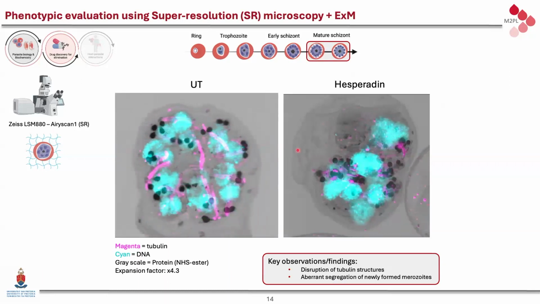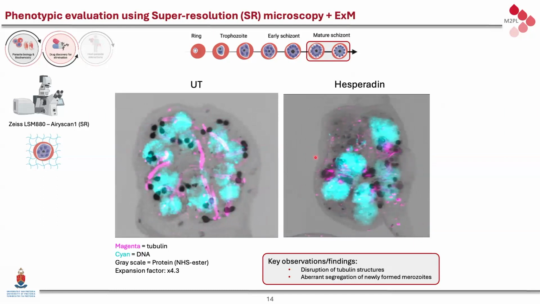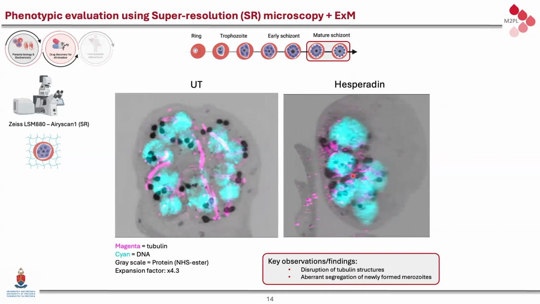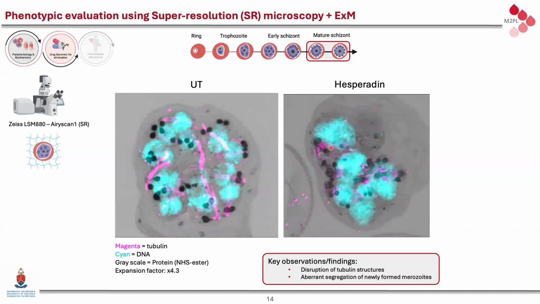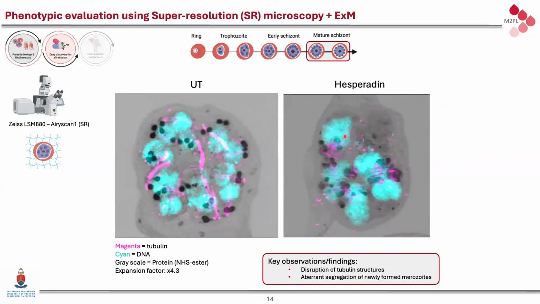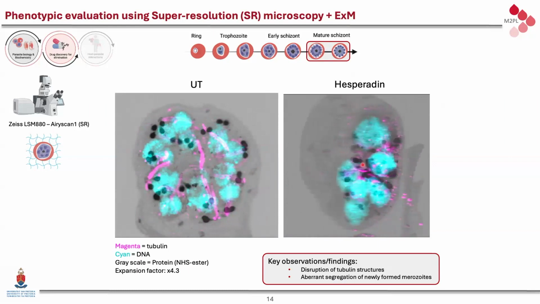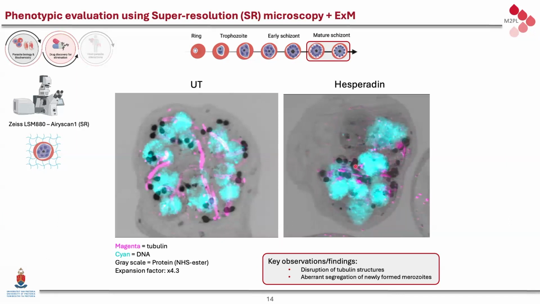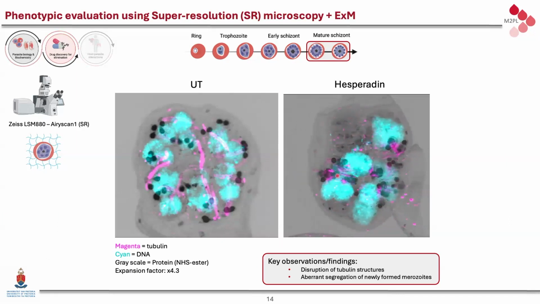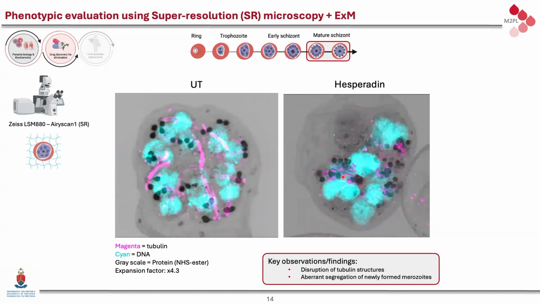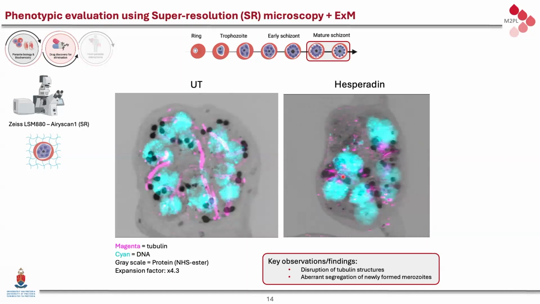But when we looked at hesperidine-treated parasites, it was quite evident that everything was bunched up. So we can see that the nuclear content was not really segregated that well, and the subpellicular microtubule signal was affected, where you can't really see where they start and end, and they look quite small compared to untreated parasites.